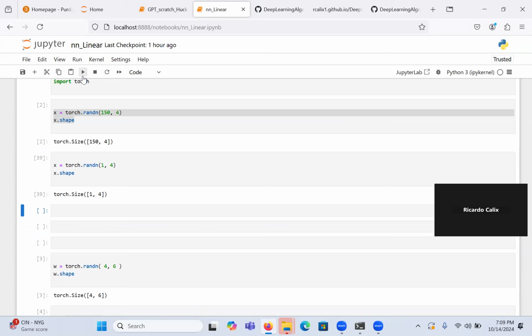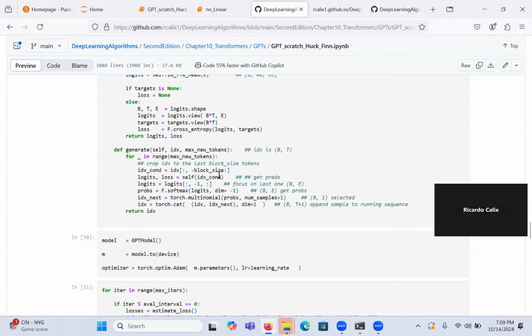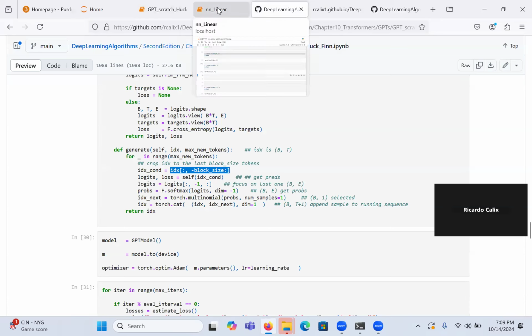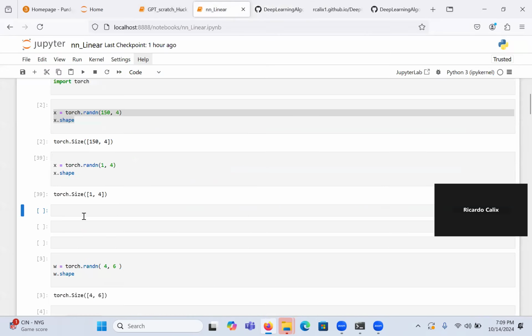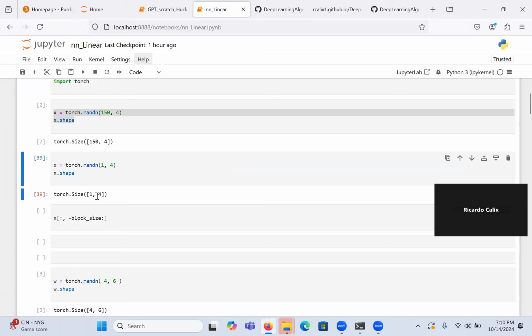Now I'm going to do that thing of the index, the slicing. So that was in here, I think. Okay, so this is doing this. Let's see what happens. Okay, but I have to do X in this case. X. Oops. All right, and block size would be 40.